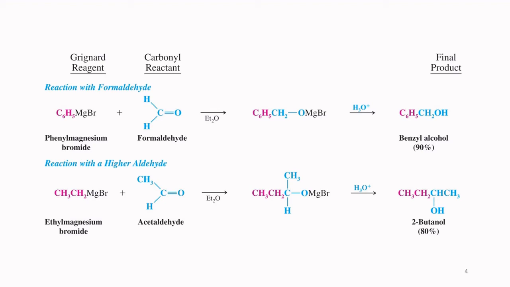These are some examples of how we can prepare specific types of alcohol using a reaction with formaldehyde and higher aldehydes.